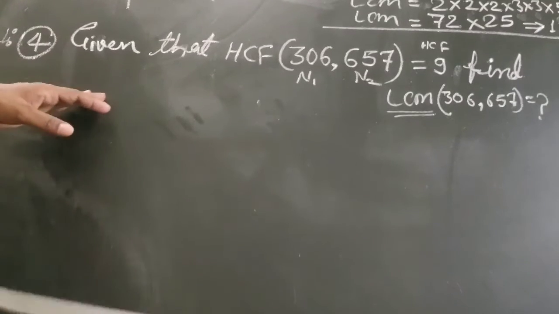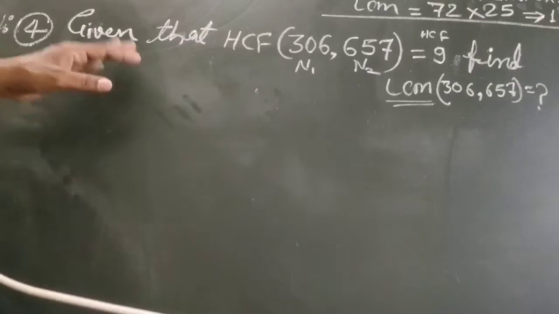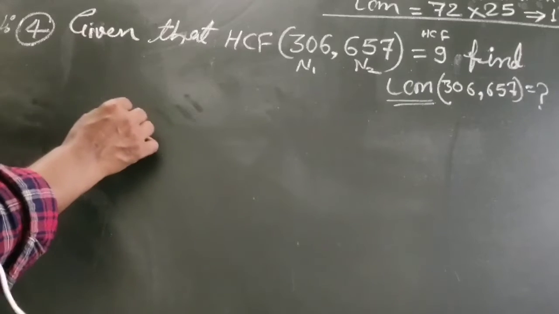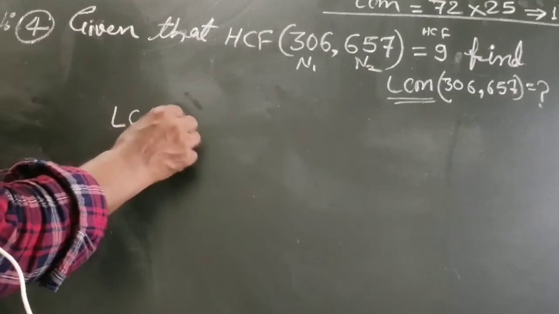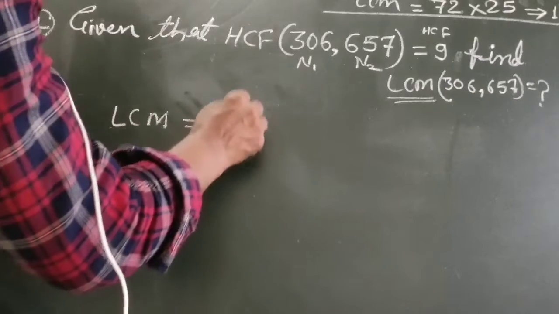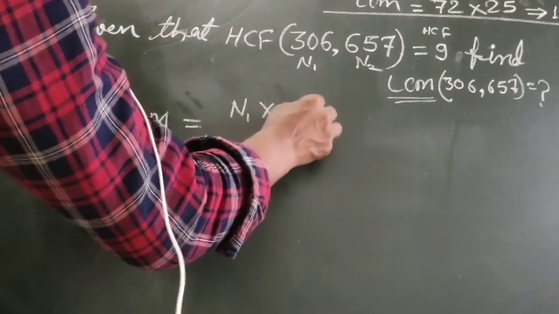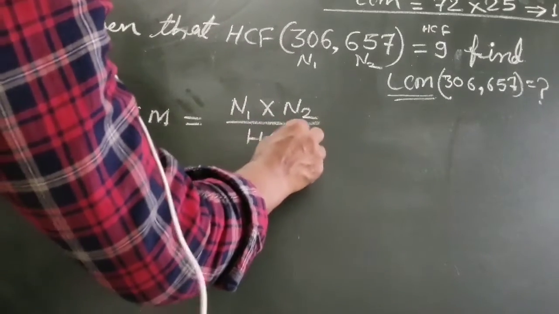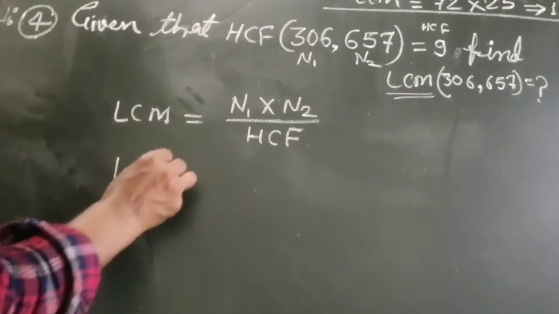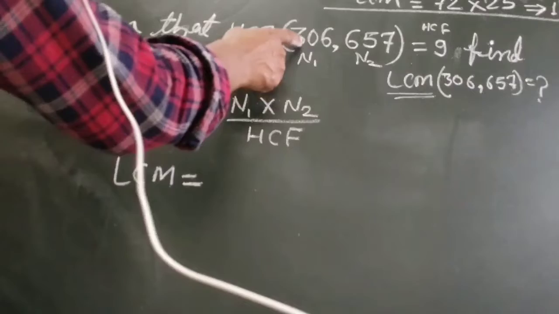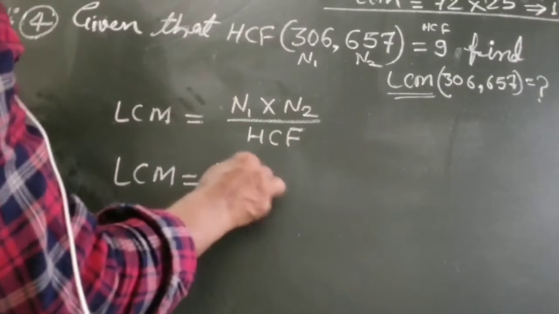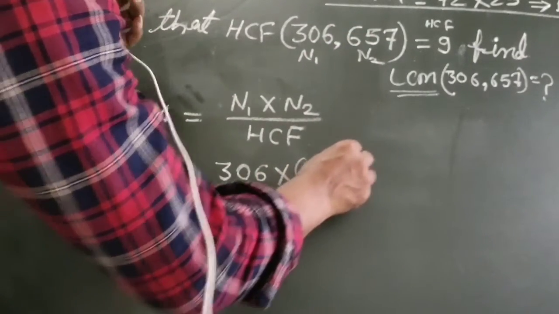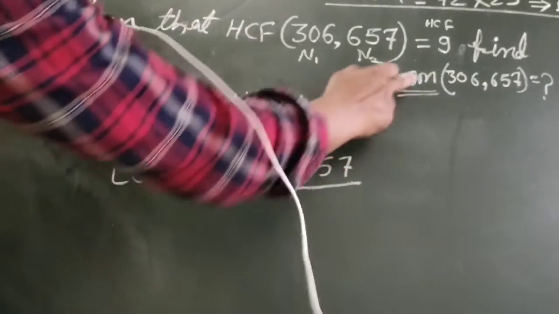I told you in previous videos the relation between two numbers and their LCM and HCF. Then LCM was N1 into N2 upon HCF. LCM equals N1, the first number 306, into N2, the second number 657, upon HCF 9.